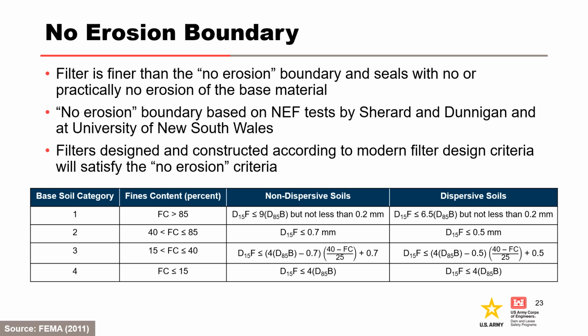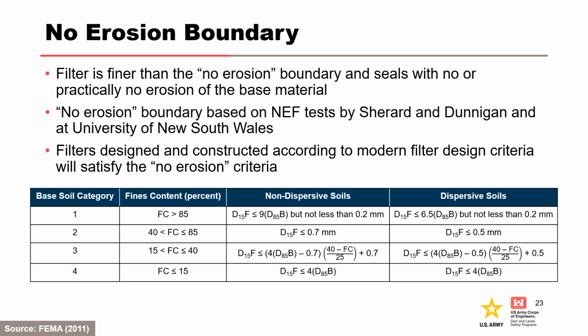For the no erosion condition, the filter is finer than the no erosion boundary and seals with no or practically no erosion of the base material. When evaluating an existing filter, start by performing an initial screening using the no erosion design criteria. Modern filter criteria used by Reclamation and USACE are adopted from FEMA 2011.